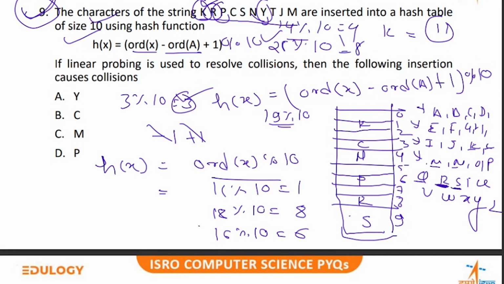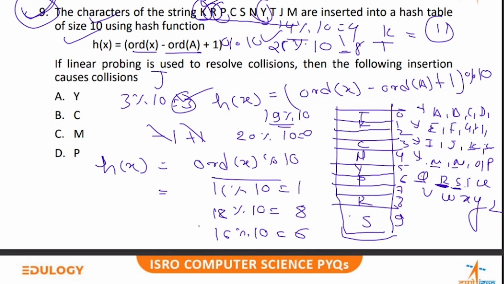Y will come at position 5. Now t: 20 modulo 10 is 0. T will come here at position 0.